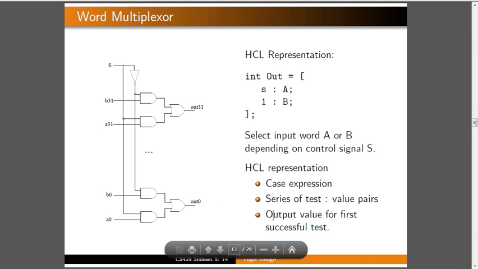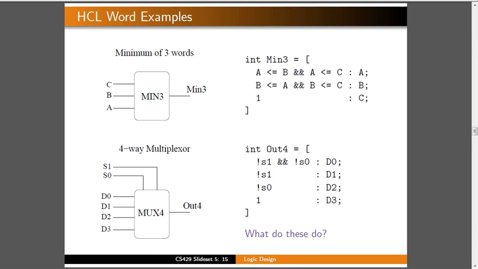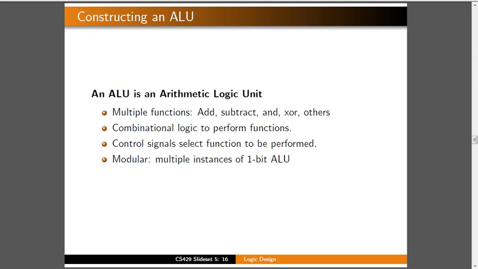This is an example, and this is also an example of how we can perform the operations. This is the minimum of 3 words, that is a combinational circuit, as I told you.